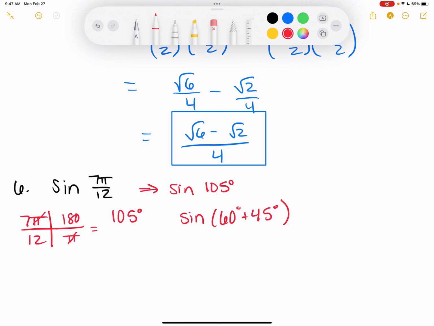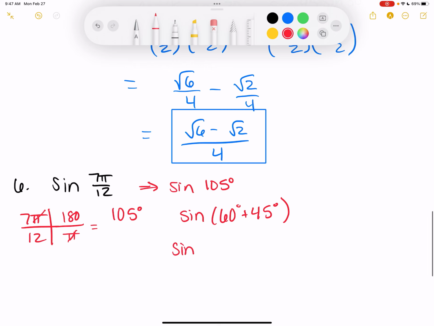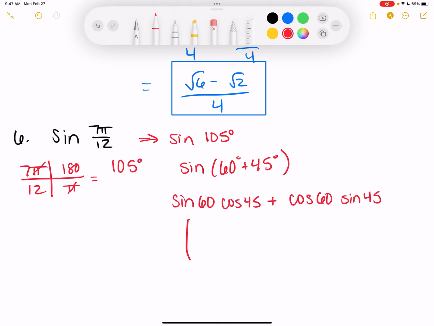So sine is the same sign. So this is going to be sine of 60 cosine of 45 plus cosine of 60 sine of 45. So sine of 60 is root 3 over 2.